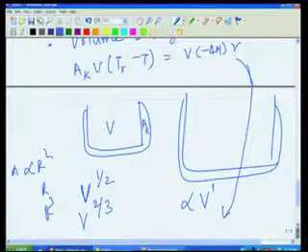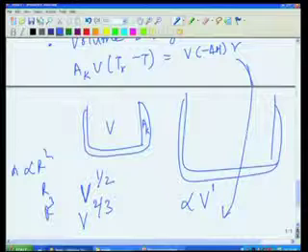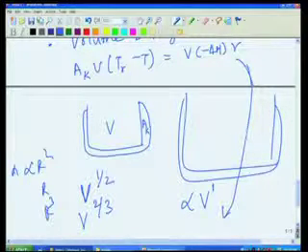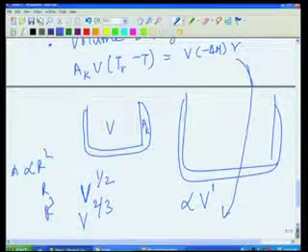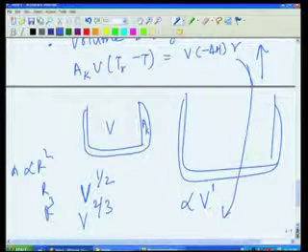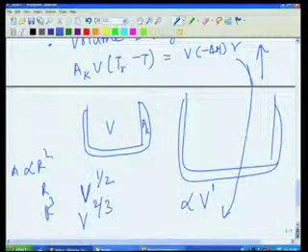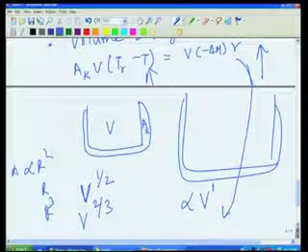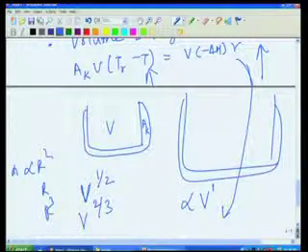So, what we will have is that as our size increases, our heat generation will increase as V raised to 1, but our heat removal rate will only increase as either square root or 2/3 of V and so on. So, what will happen?